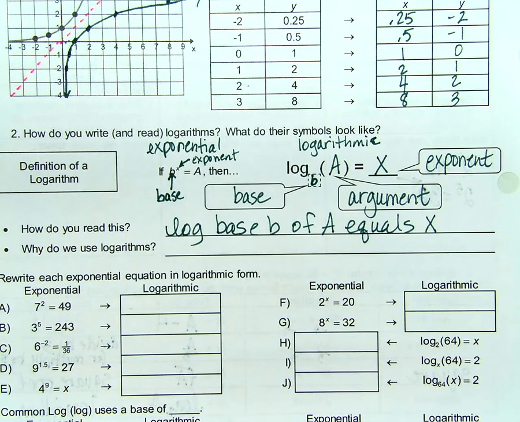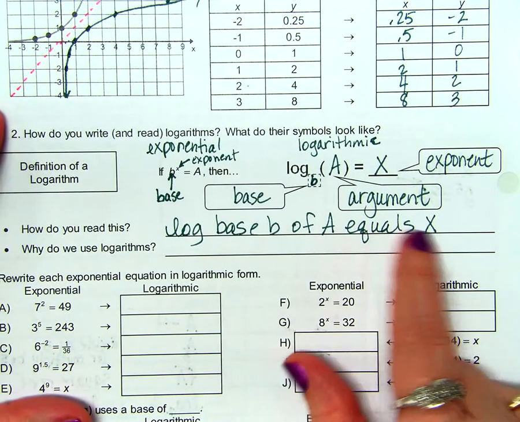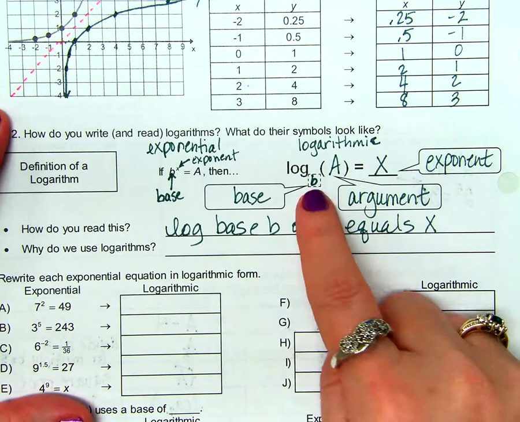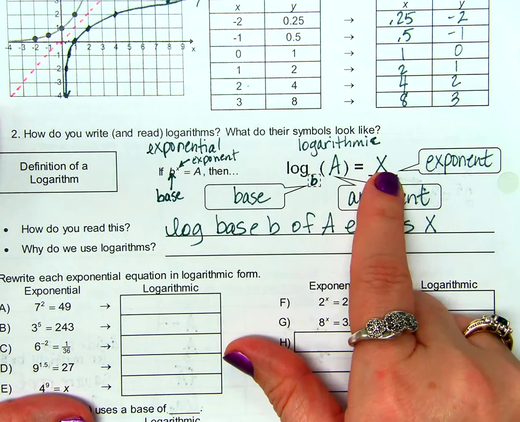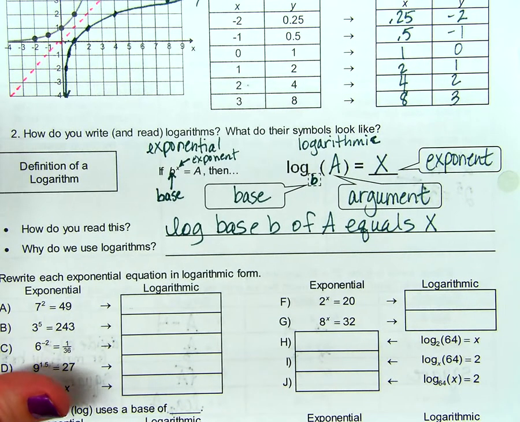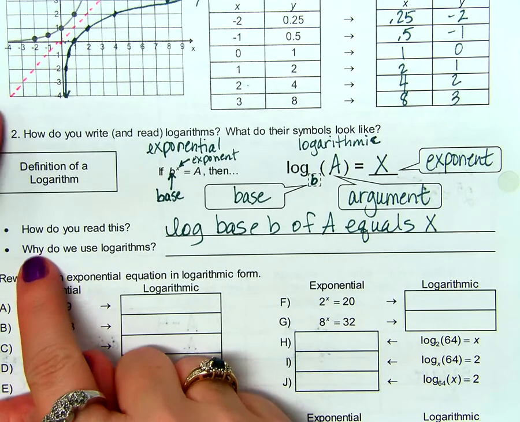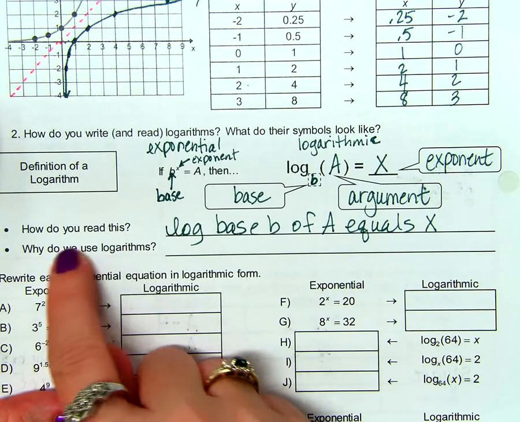And what I was taught was to read it left to right. Again, either one of them is correct. We even checked. We went and made sure that neither one of us was teaching it wrong. And sure enough, different professors teach it different ways. So just so you've seen it both ways, log base B of A equals X. That's how I was taught it. She was taught log of A base B equals X. Same thing.